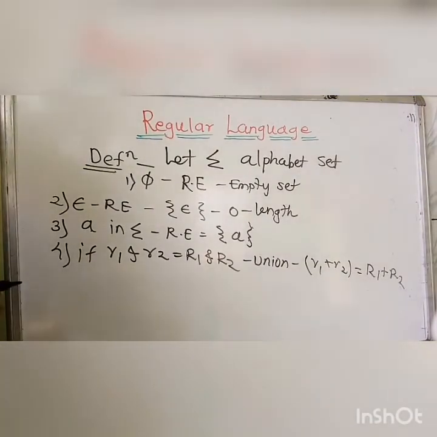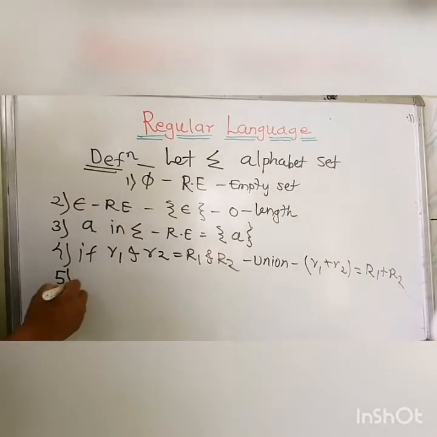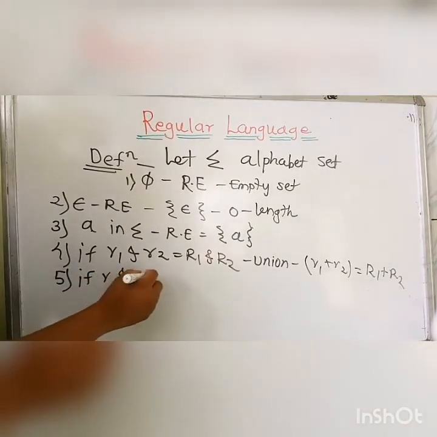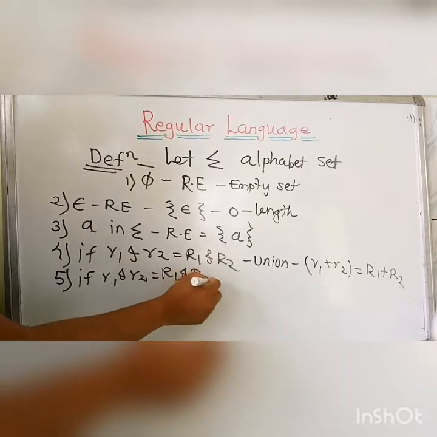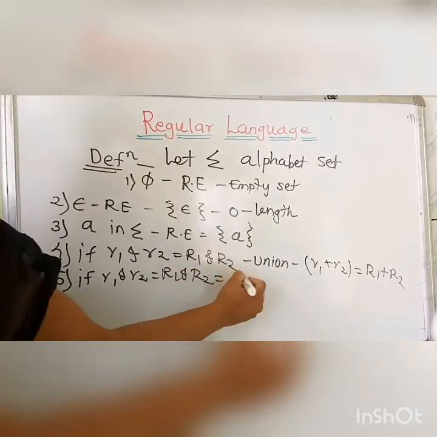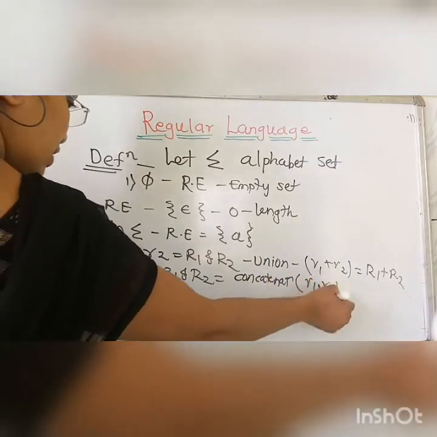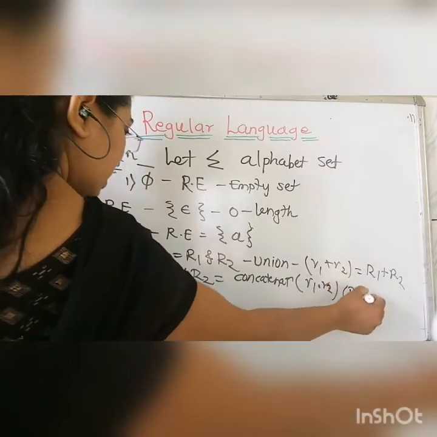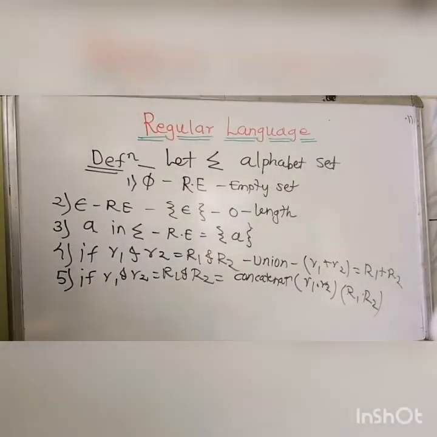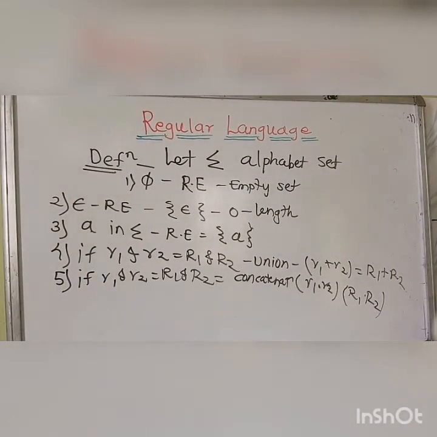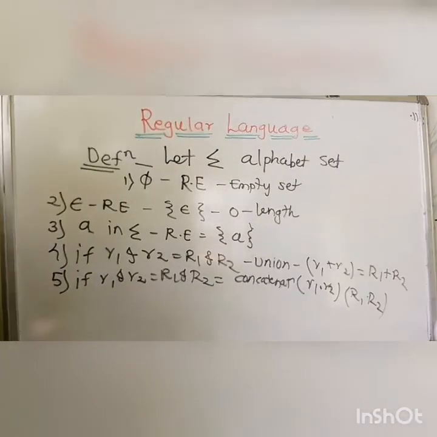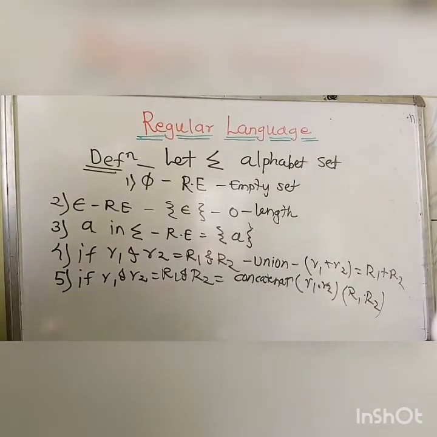Next, in the same manner, if R1 and R2 are regular expressions representing the languages R1 and R2, then the concatenation of them is represented by R1 dot R2, that is capital R1 dot R2. These are some basic criteria, basic rules for explaining the different regular expressions in terms of regular languages.